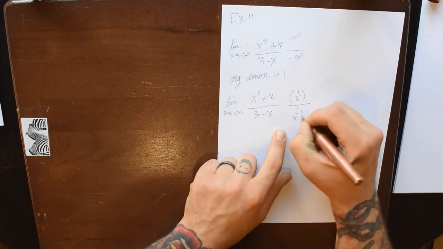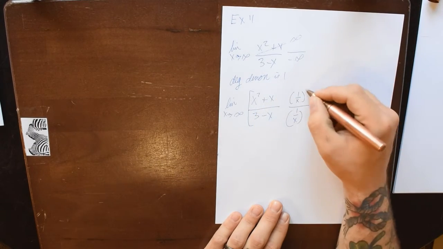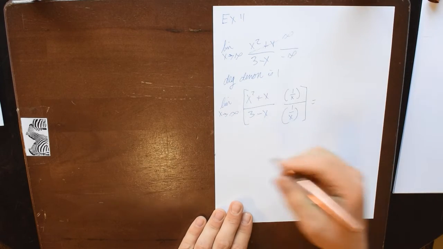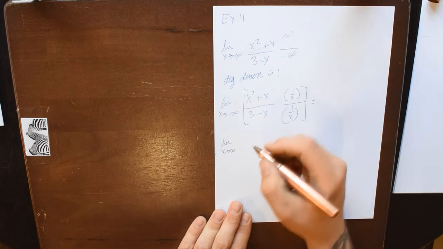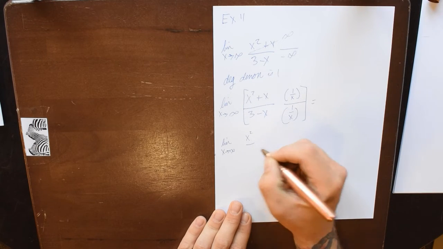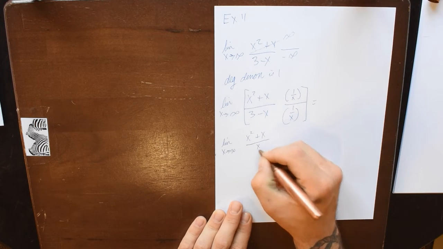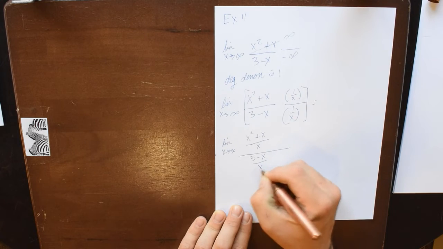Now we perform this multiplication. This limit is equal to the limit as x approaches infinity of x squared plus x all over x, divided by 3 minus x all over x.